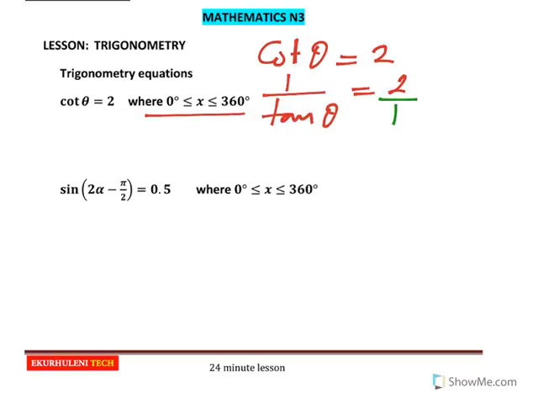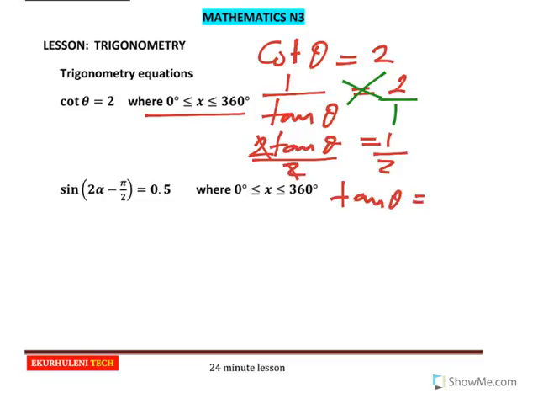You cross multiply and you are going to get 2 tan theta is equal to 1. You divide both sides by 2, and you're going to have tan theta is equal to a half. And then after that, theta is equal to arctan half. And you follow the same method that you did previously. Because of time, I'm not going to do it.